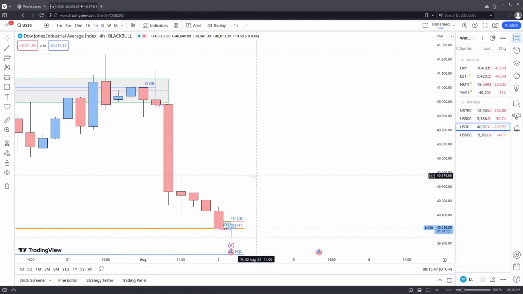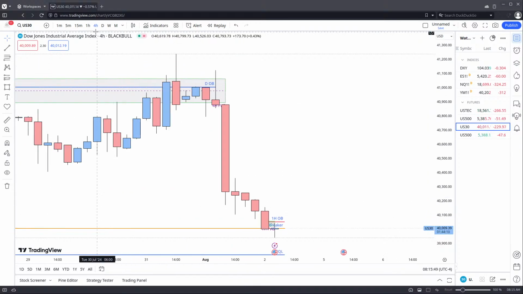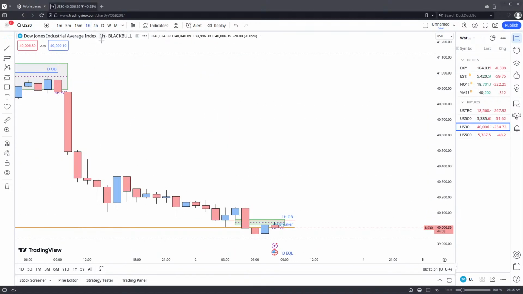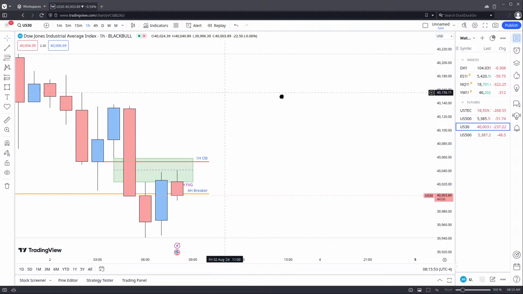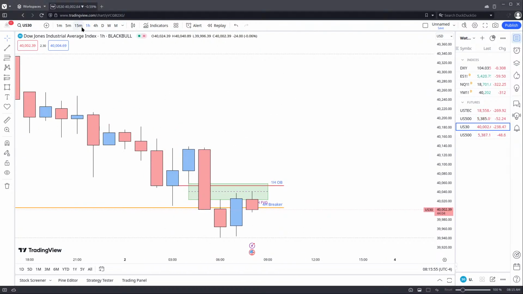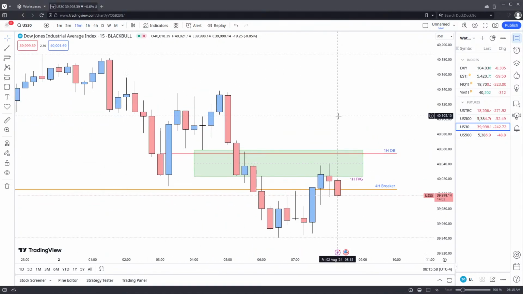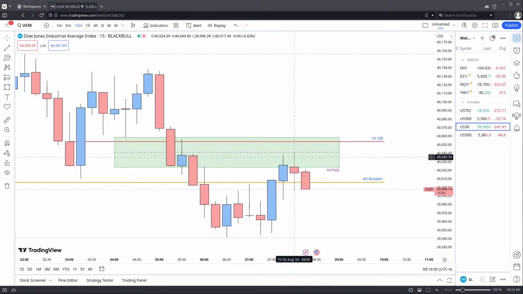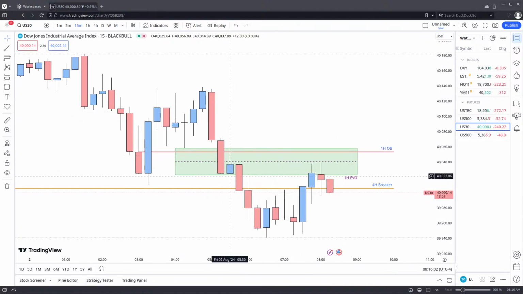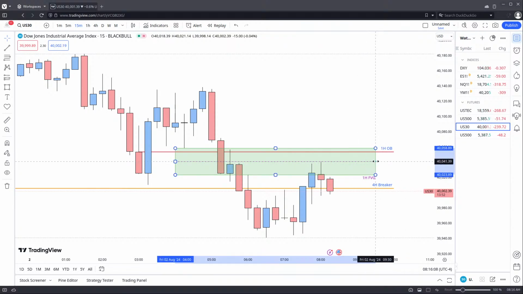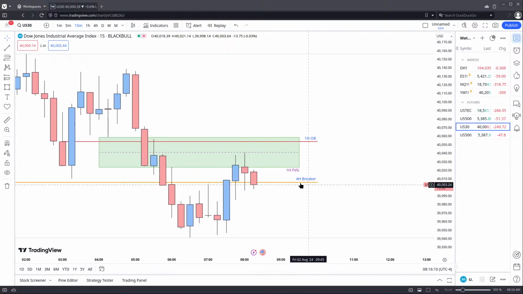See, on a 4 hour, nothing on a 4 hour there, so we'll keep that one on a 1 hour here. And then beautiful rejection on this level here. Really nice. Below that consequent encroachment, let's extend that through anyways. Above that 4 hour breaker, we still have that 1 hour order block above us as well.